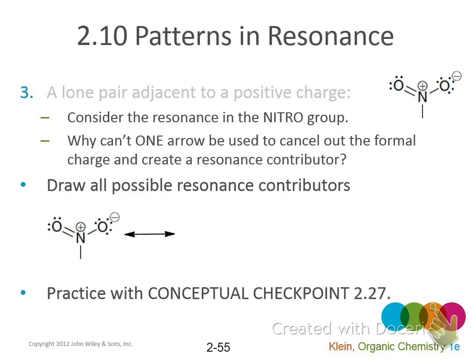Okay, so this is another instance where we have a lone pair adjacent to a positive charge. When you have a nitrogen that's got 4 bonds on it, this is known as a nitro group. And in a nitro group, if you draw the electrons moving, it's an allylic lone pair, in this case in the nitro group. Goes like that, and then like that.